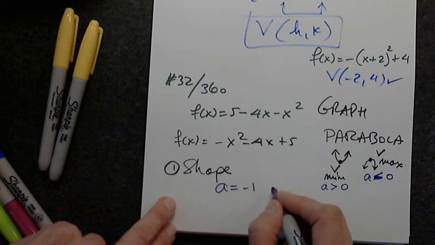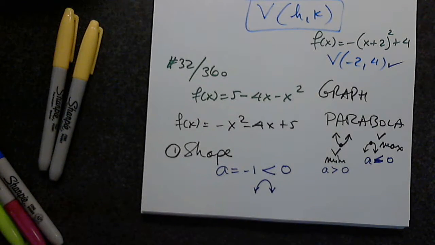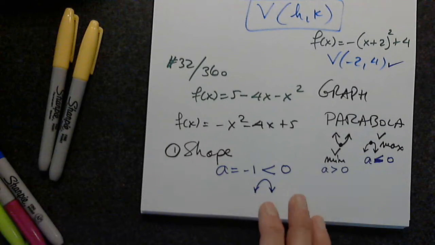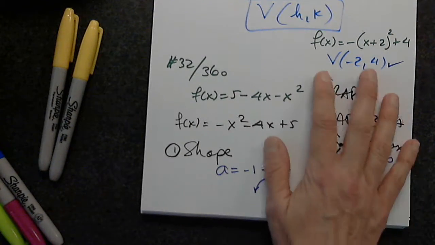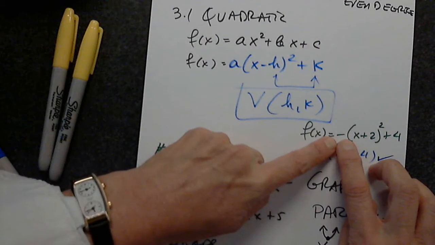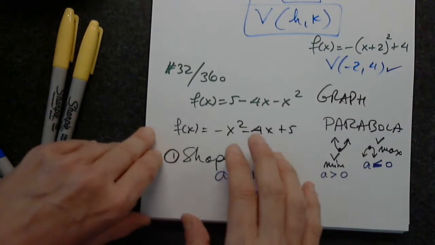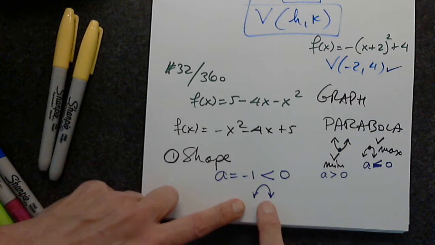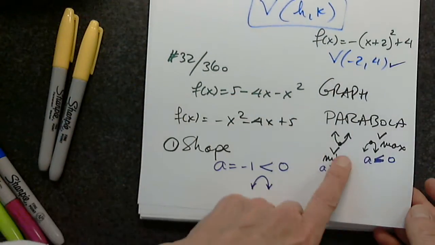Because the leading coefficient is -1, which is less than 0, the parabola will have a maximum. Look, this is the a. It's negative. So even before we graph it, we can identify whether it's this shape or that shape. The vertex is a maximum, and the parabola opens downward.